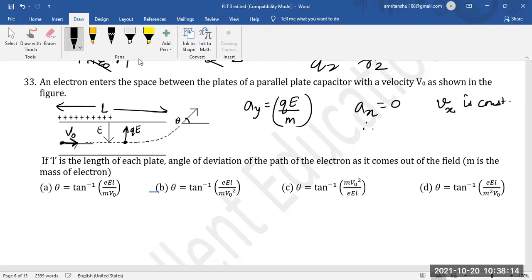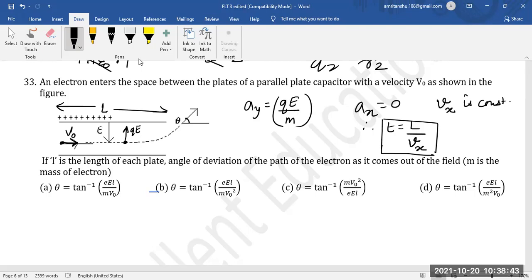Therefore, time is equal to L by Vx. So T is equal to L by Vx.